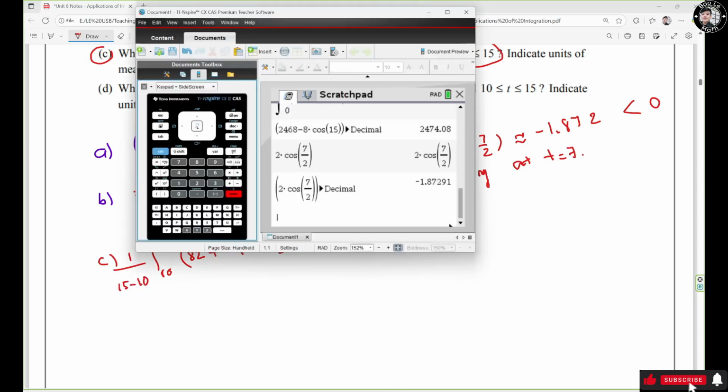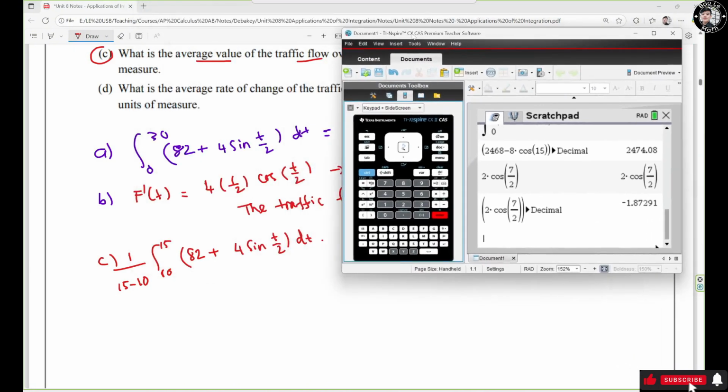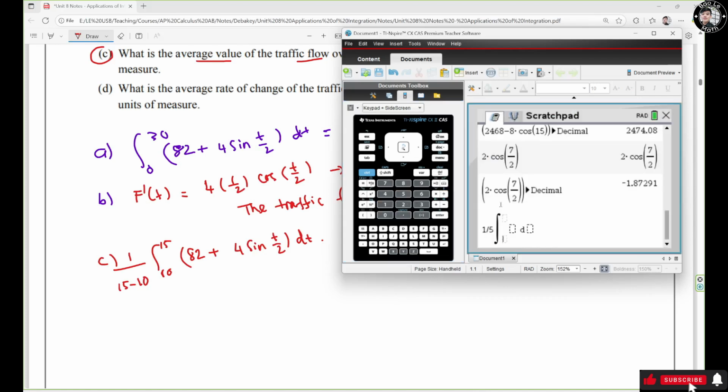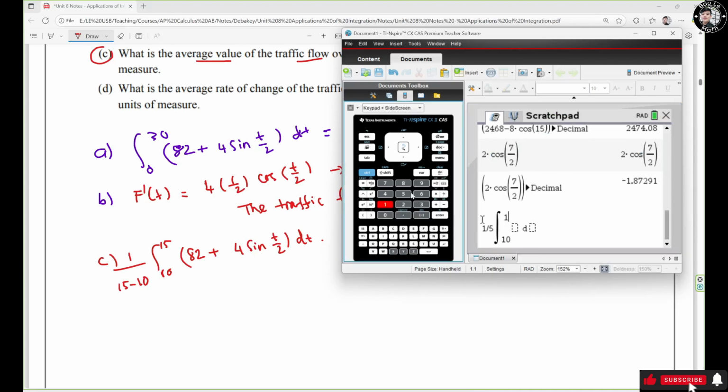I'm going to hit the calculator. So 1 over 5 times the integral from 10 to 15 of 82 plus 4 times sine of t over 2, which means s over 2, and ds right here.